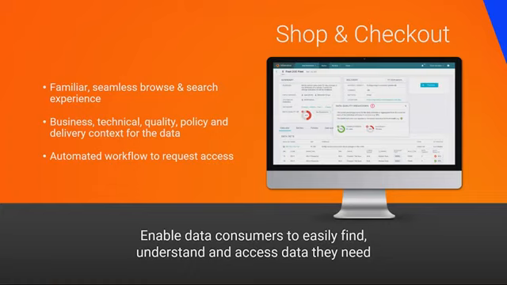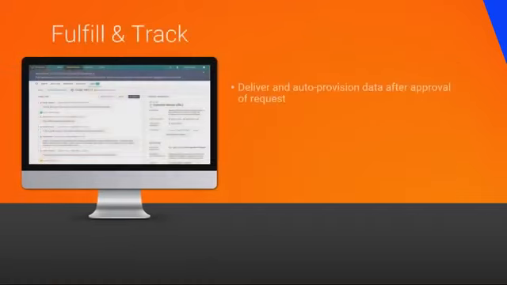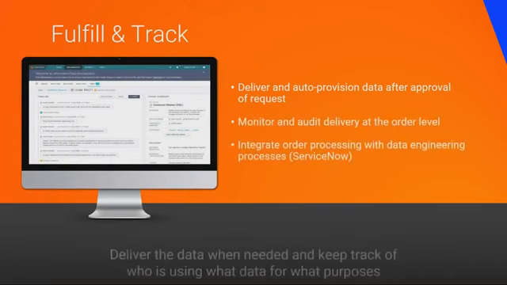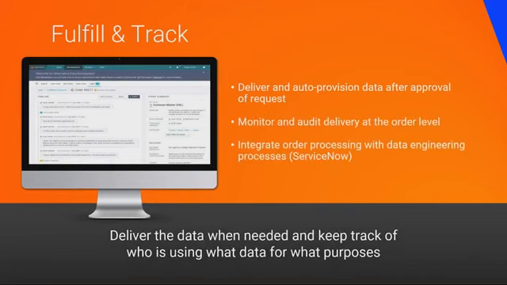If they like what they see, they can just press a button and request that data, and then we orchestrate the workflows that deliver that data to them, automating the provisioning of that data to make it available to the place where they need it. And this can be augmented with other processes like ServiceNow, which we integrate with the Marketplace order processor to provide that additional overlay.